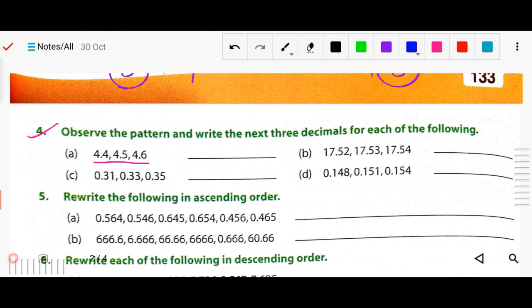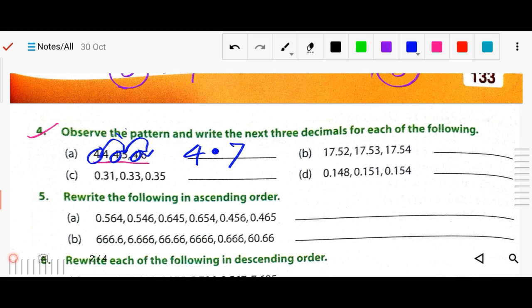In each step you can see the 4 changes to 5, and 5 changes to 6, but the 4 before the point is fixed. Now 5 to 6, next will be 6 to 7, so that is 4.7.